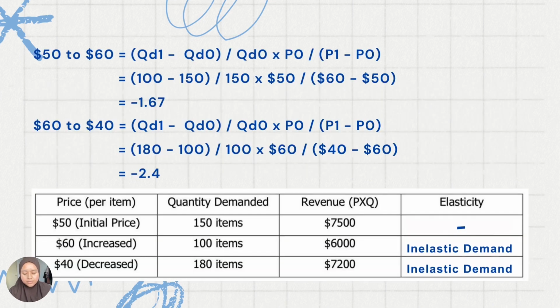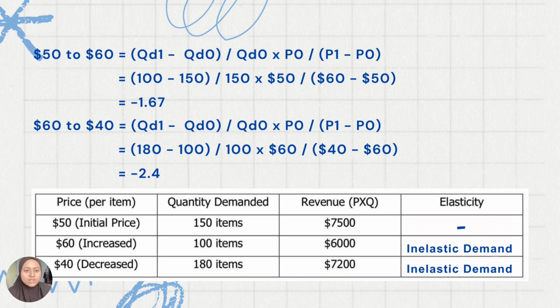So, we use the formula for price elasticity of demand. From $50 to $60, we took 100 minus 150 over 150 times $50 divided by $60 minus $50, and we got negative 1.67.